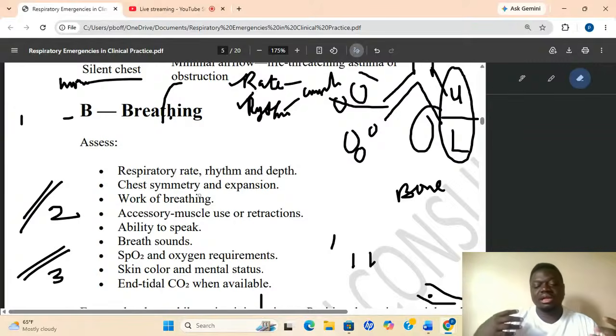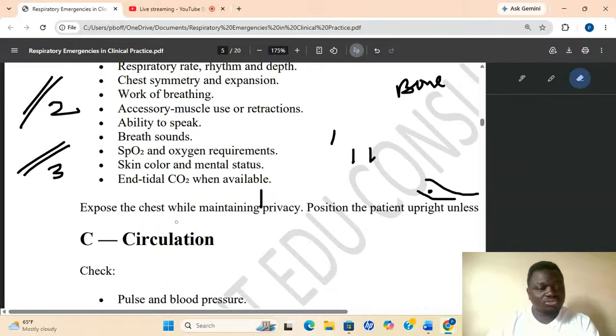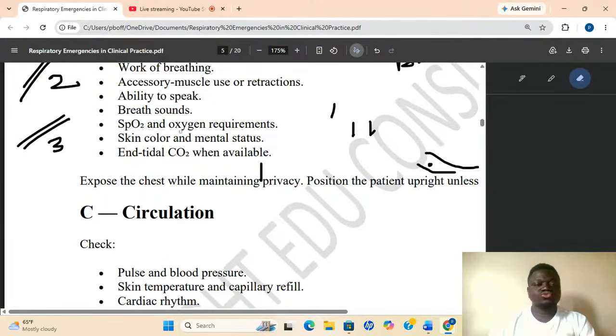I mean, how easily you are able to breathe. Use of accessory muscles, retractions, ability to speak, breath sounds, SpO2, all these ones we know. Skin color and mentation, then end-tidal CO2 when available.